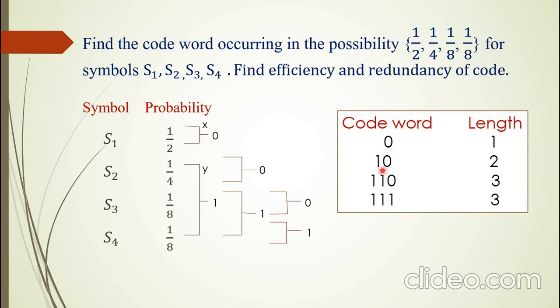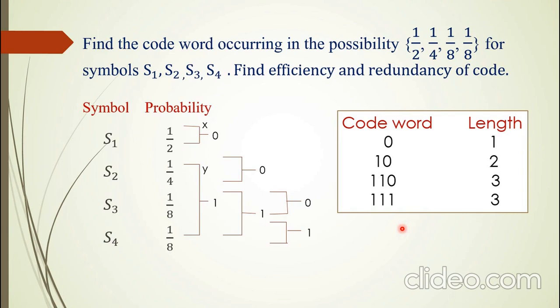For S3 the code word is 110. And for S4 the code word is 111. That is how we write the code words for all symbols.